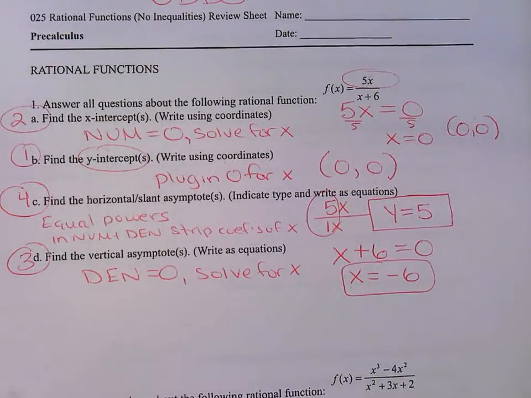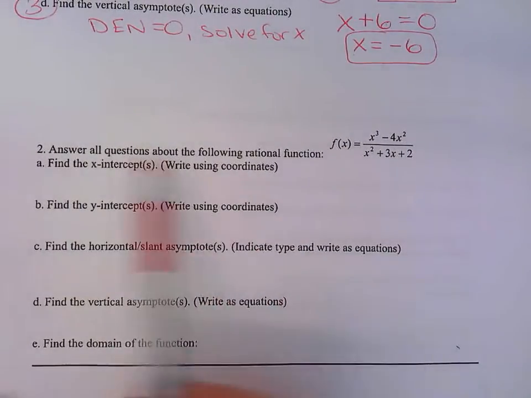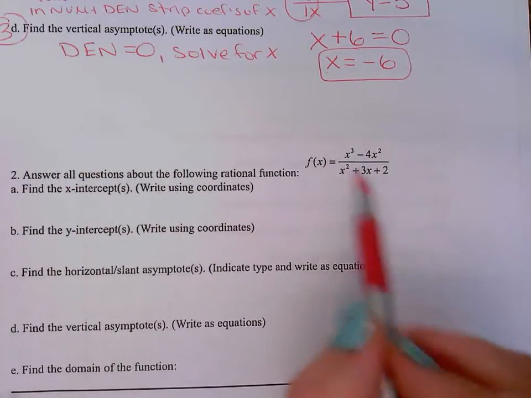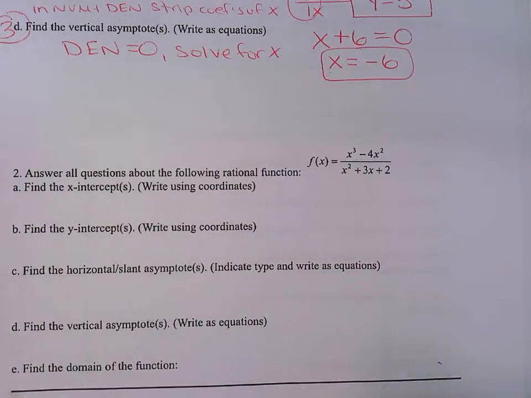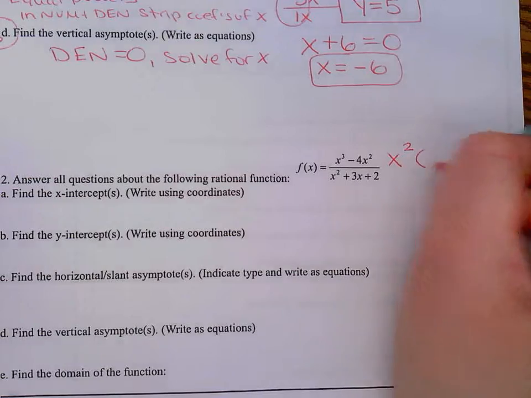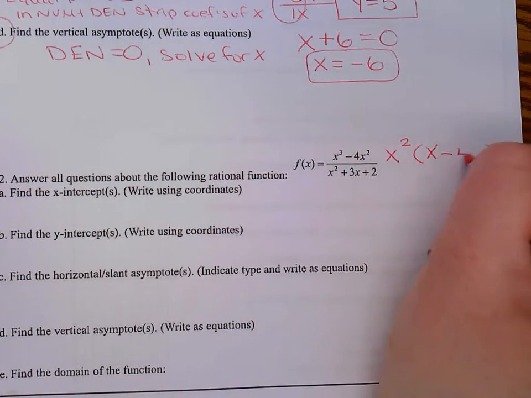I'm going to skip example 2 and leave these questions for you. However, I want to help you factor this, because if factoring is the problem, you can't answer these questions. If we factor out a greatest common factor in the numerator, I would factor out x squared, and I'm left with x minus 4.